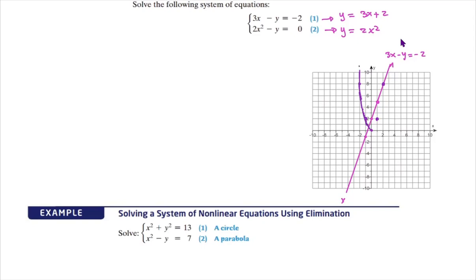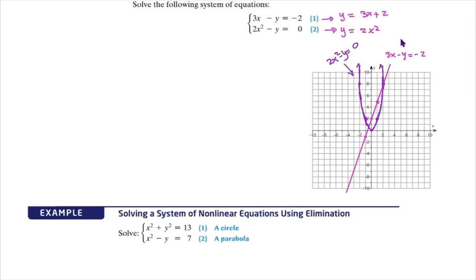Okay, yes, that's better. All right, so that's y equals, this one is 2x squared minus y equals 0.